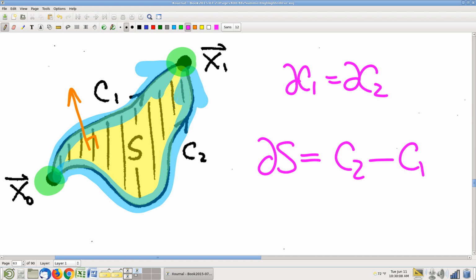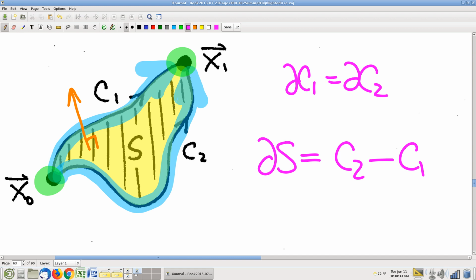And this is a little bothersome, that minus sign. How annoying, right? This minus sign seems to suggest I made a silly choice about the orientations of C1 and C2. C1 really should have been oriented the other way, right? So look, you could fix it. If I just change the arrow on C1 and make C1 oriented back this way, then I would very happily have a plus sign here.